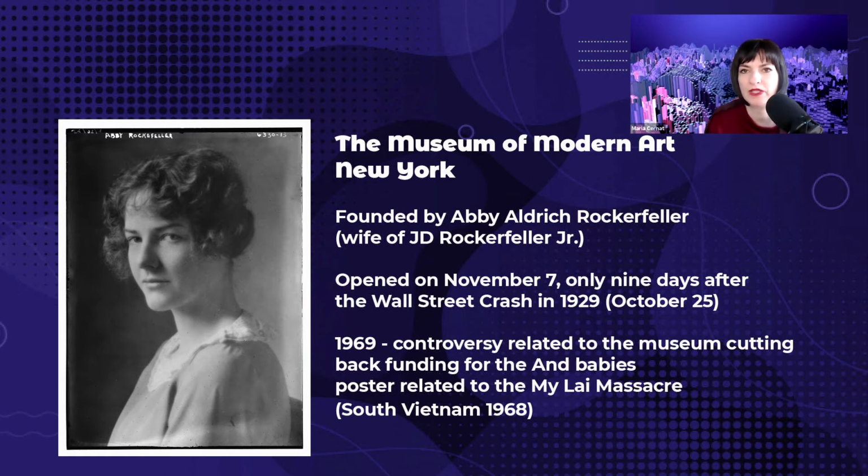So she had to rely on different friends to help her, and the museum changed its location. But finally, he agreed to give them the land to build this museum on, and they opened on November 7, 9 days after the Wall Street crash on October 25.